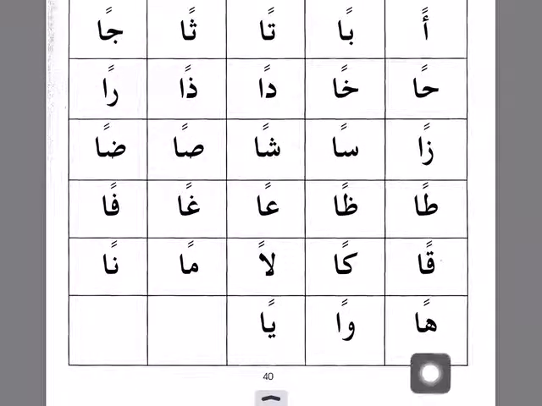And here we have han, wan, yan. And that's all the letters pronounced with a double a sound.